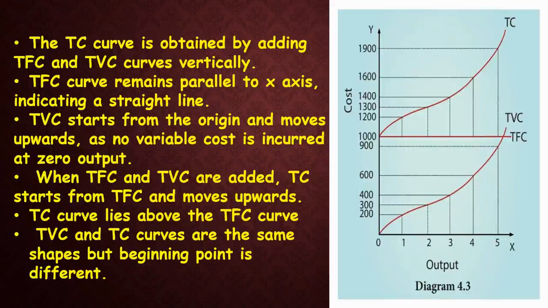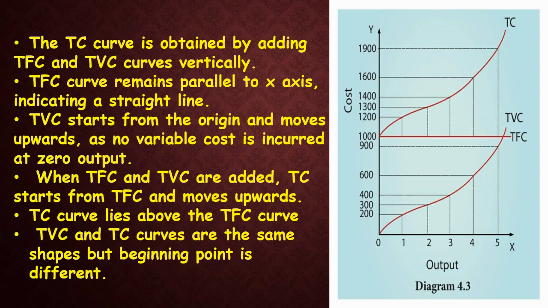Now kindly notice the diagram. The TC is obtained by adding TFC and TVC curves vertically. Now the TFC curve remains parallel to the x-axis, indicating a straight line. TVC starts from the origin and moves upwards as no variable cost is incurred at 0 point of output.